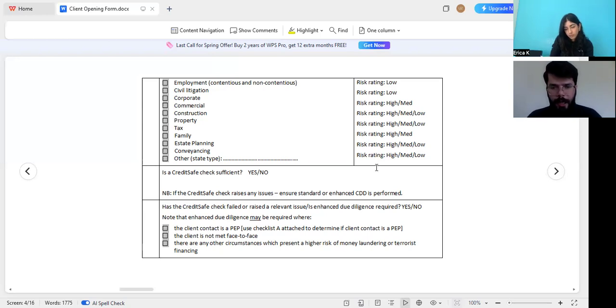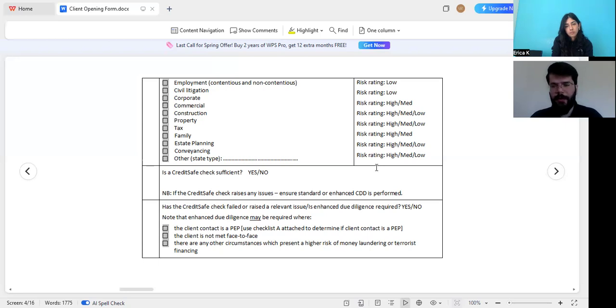Use checklist A attached to determine if the client contact is a PEP. Now, every law firm has their own checklist. Usually, if you go onto the government's website, you can see what a PEP is and how the government identifies a person to be a PEP.